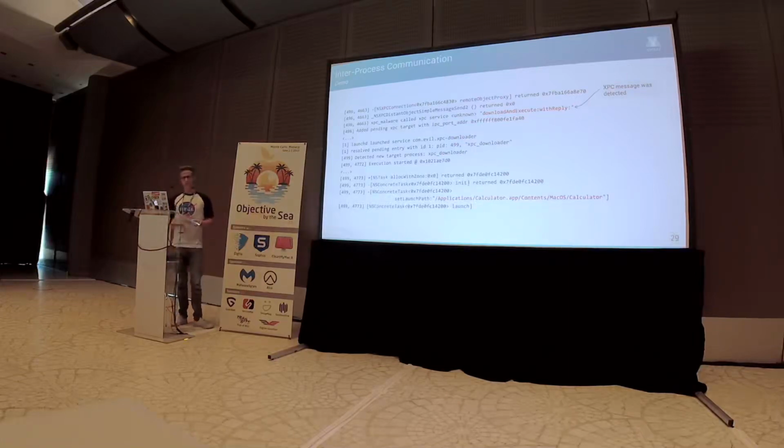This is because internally in the XNU kernel, the Mach ports are already set up in the sending process, but not in the receiving process. So there's actually no receiving process yet because it's not yet launched. As I told, it's going to be launched by launchd on demand. So we are waiting for this.